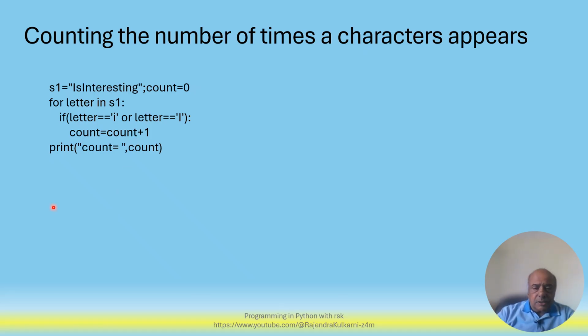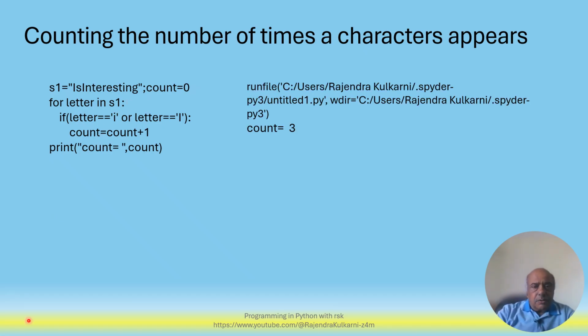When the for loop terminates at the end of the string, what we get is count equal to 3. So capital I and small i all together appear 3 times in the string.